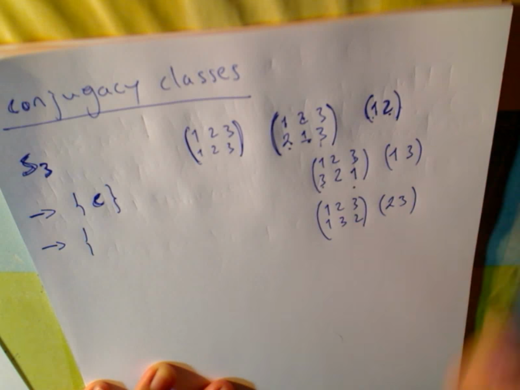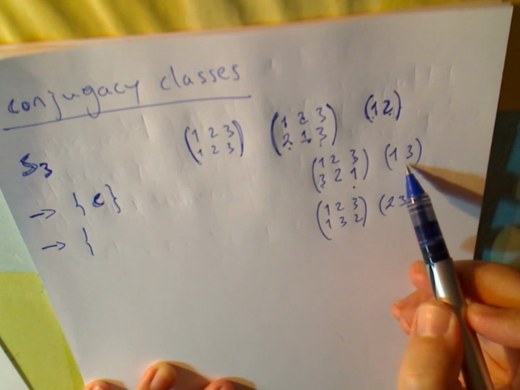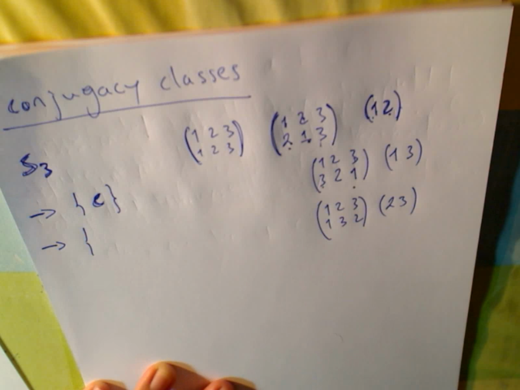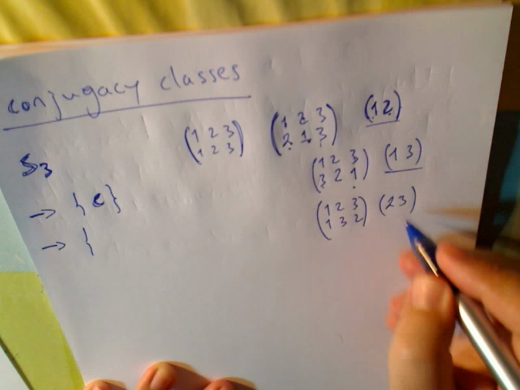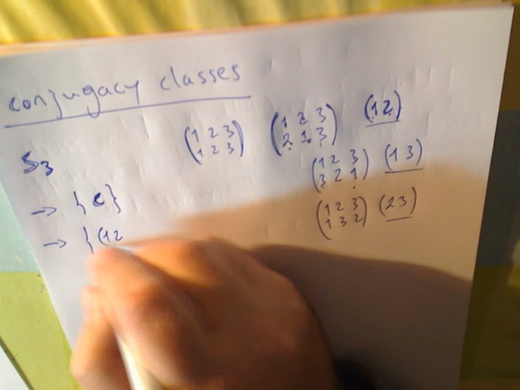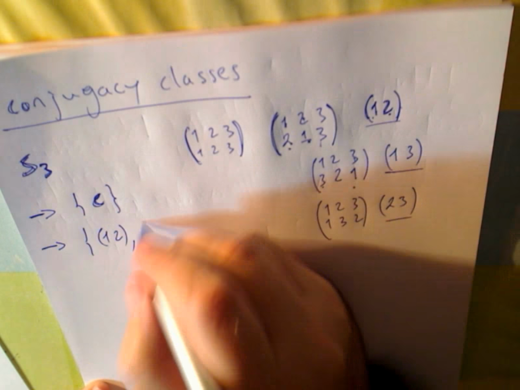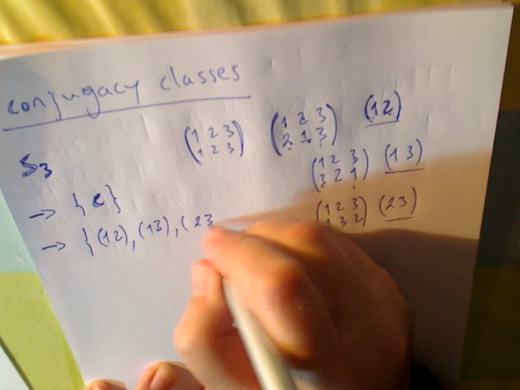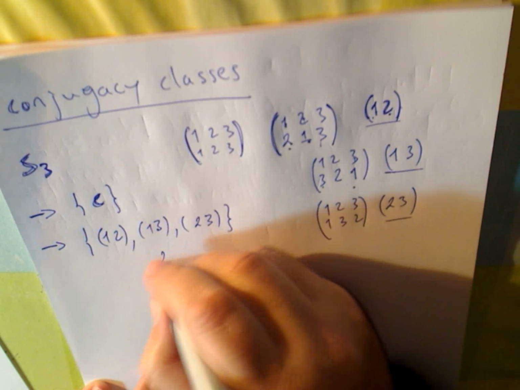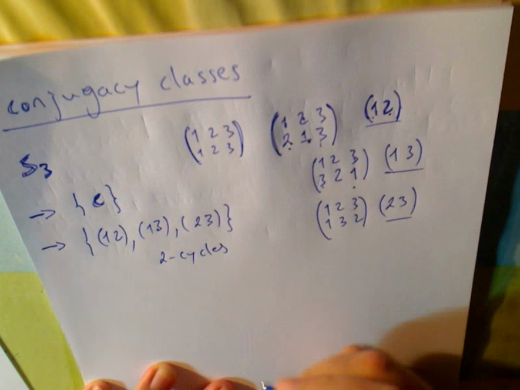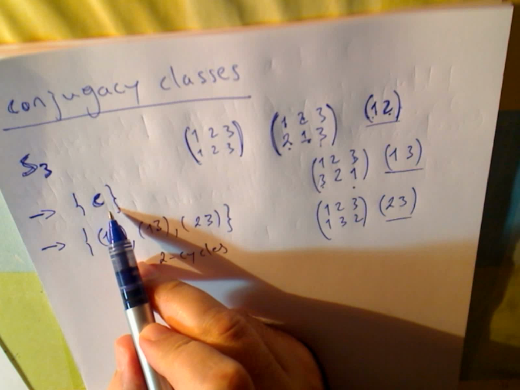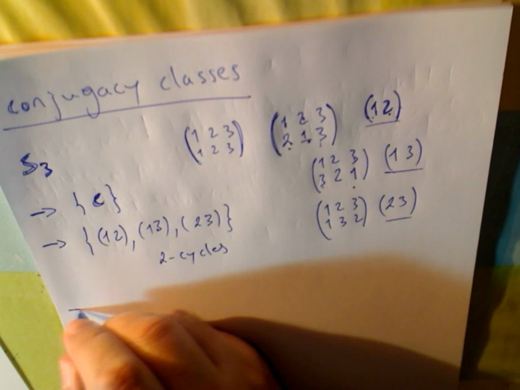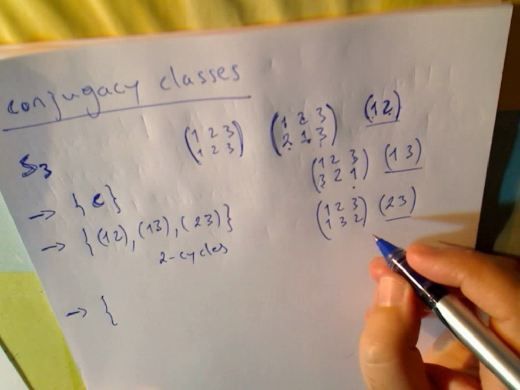All these 2 cycles are the same class. In cyclic notation: 1 2, 1 3, and 2 3, no commas here. So this is a conjugacy class. This is another class, the 2 cycles, and the other one will be the 3 cycles.